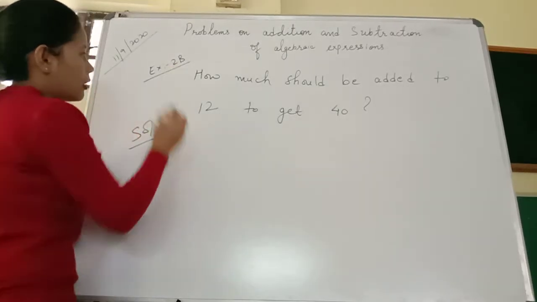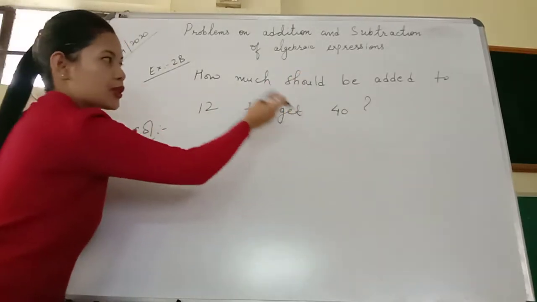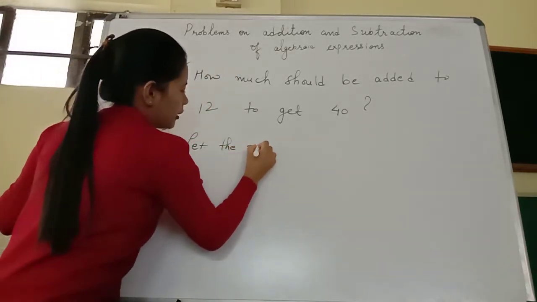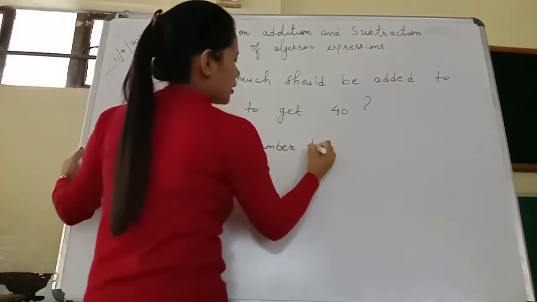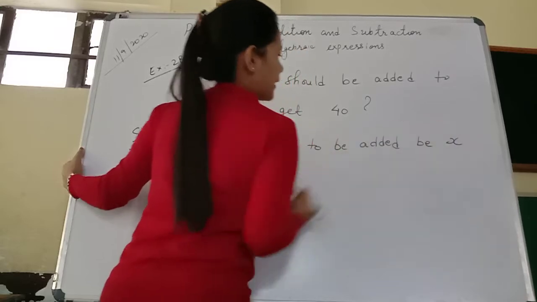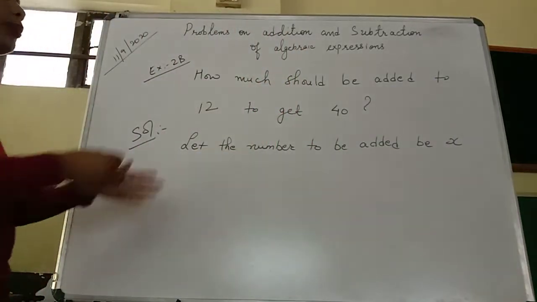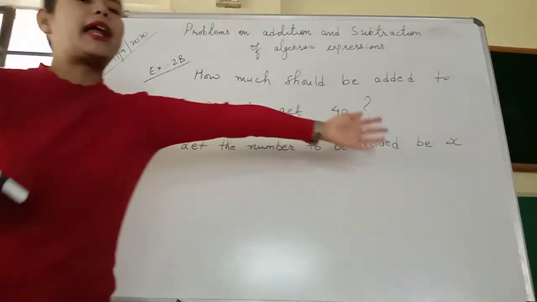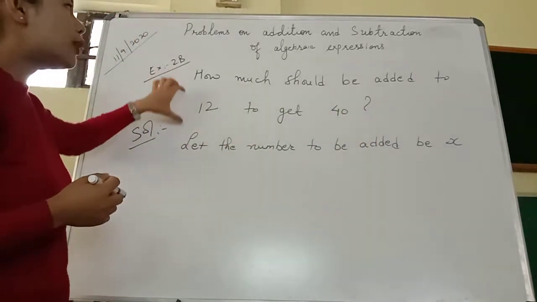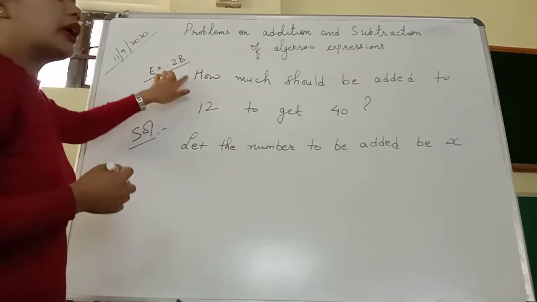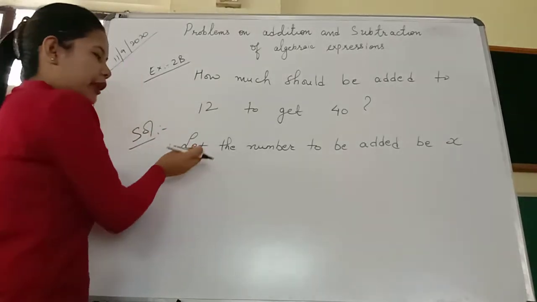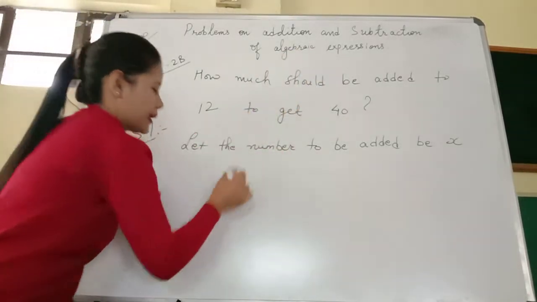They are asking how much should be added, so we assume this number. Let the number to be added be x. Our whole problem now reduces to finding the value of x. Before we find the value of x, we will formulate this word problem into an equation.